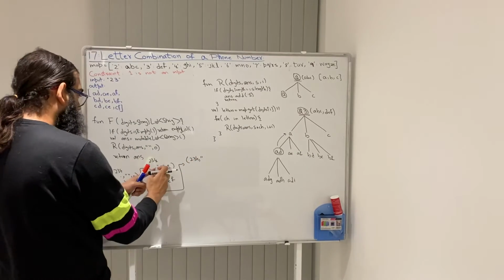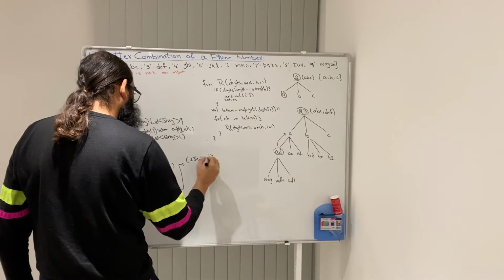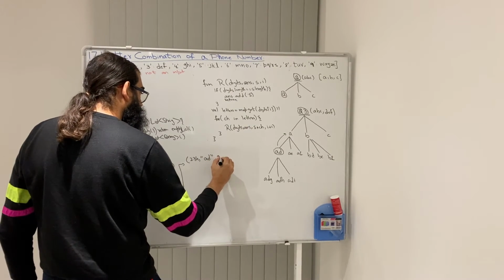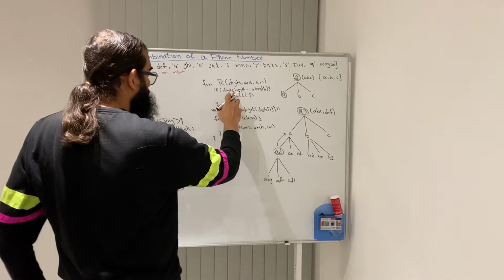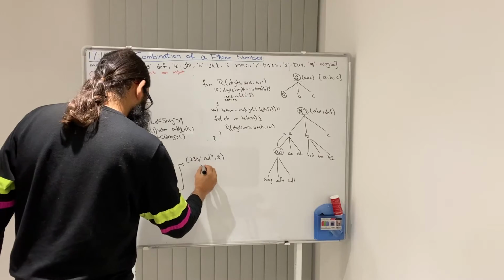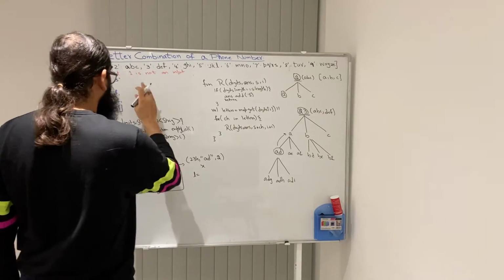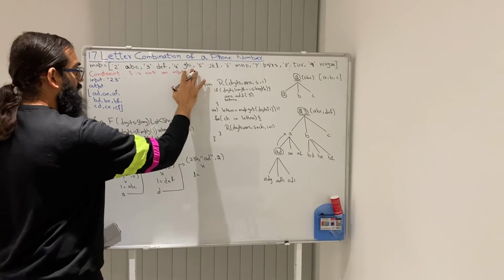My input is A plus D, AD, and index will be 2. This time what will be the base case? Now the length of digits is 3, but the index is 2, so no base case. And now L is at 4, we have GHI.